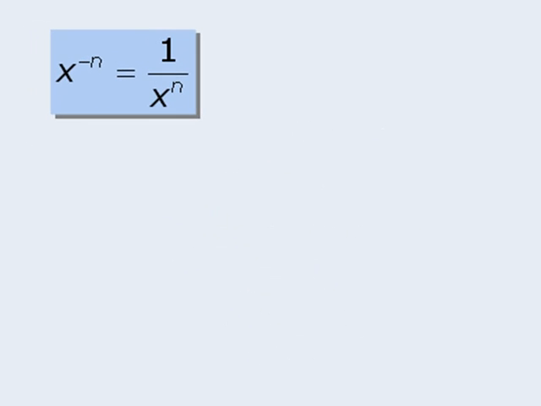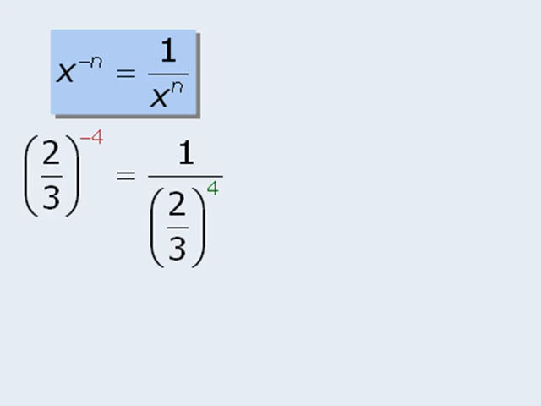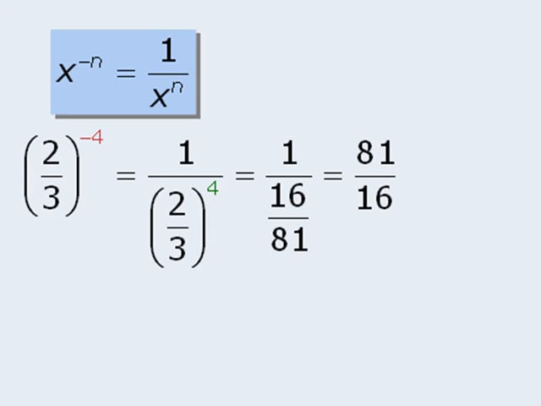Now, when it comes to raising fractions to negative powers, we have two options. For this expression, one option is to apply the negative exponent rule and first rewrite this as 1 over 2/3 to the power of positive 4, then evaluate 2/3 to the power of positive 4 to get 16 over 81, and then simplify this expression to get 81 over 16.